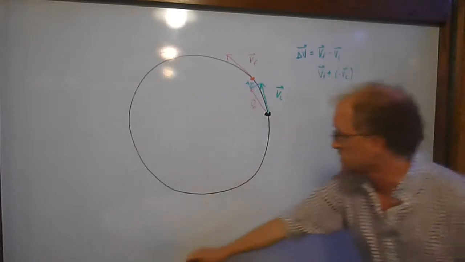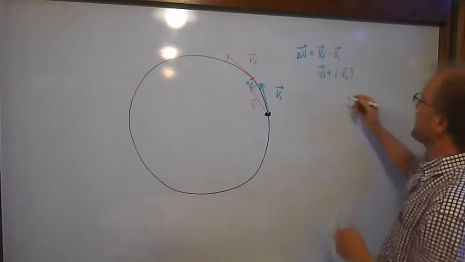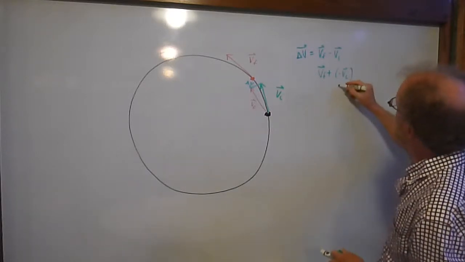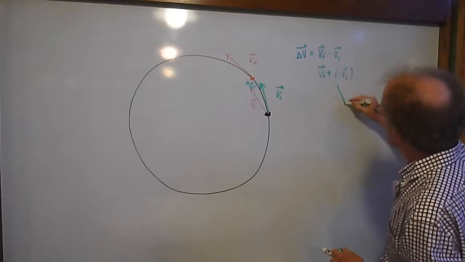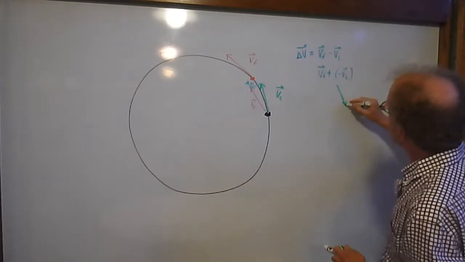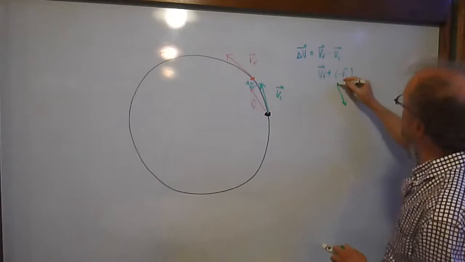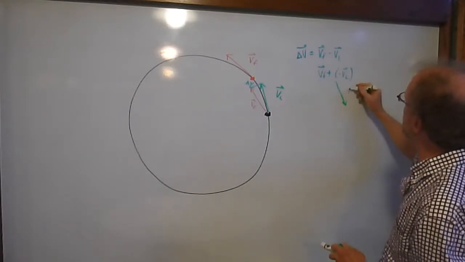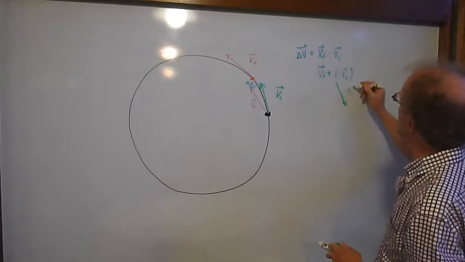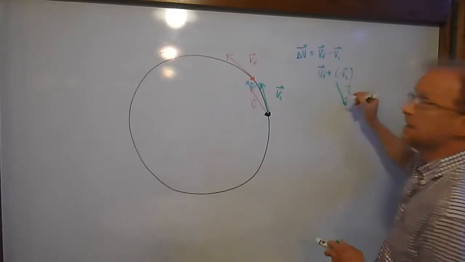So in this case, I'm going to take my initial velocity, which is in this direction, but I'm going to make it negative, I'm going to change the direction. So this is my negative initial velocity.